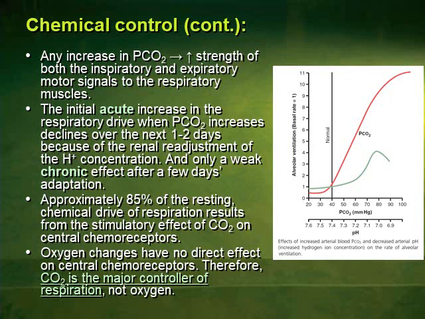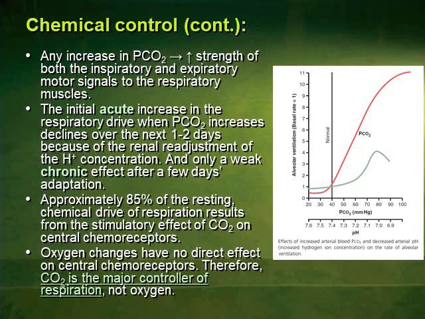So part of the adaptation is because of the kidney function, and the other part is because of the adaptation of the central chemoreceptors. The student should know that approximately 85% of the resting chemical drive of respiration results from the stimulatory effect of carbon dioxide on the central chemoreceptors.